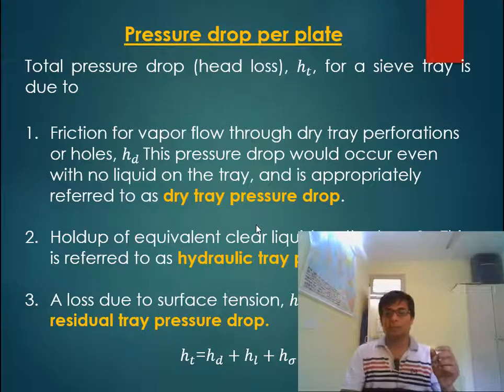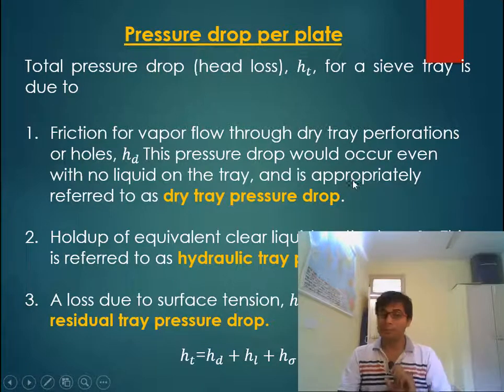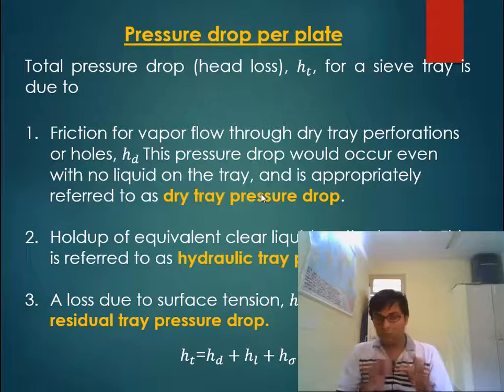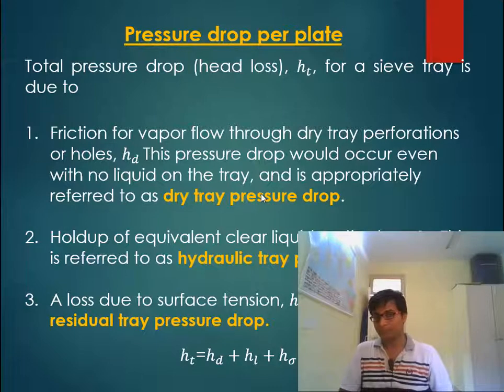This pressure drop due to the orifices or the tray perforations is called the dry tray pressure drop and is represented by HD. Why call it dry tray pressure drop? Because this pressure drop takes place even if there is no liquid on the tray.